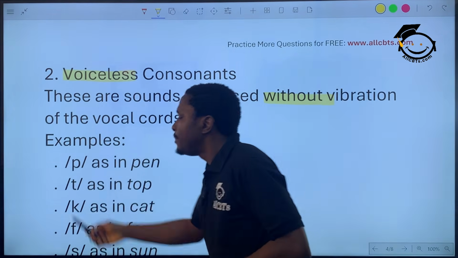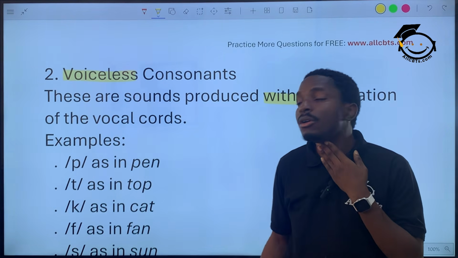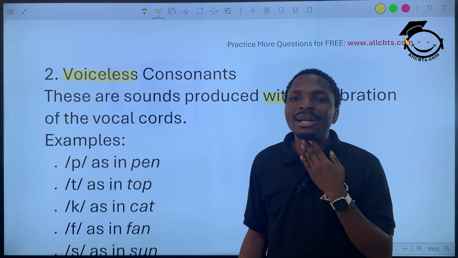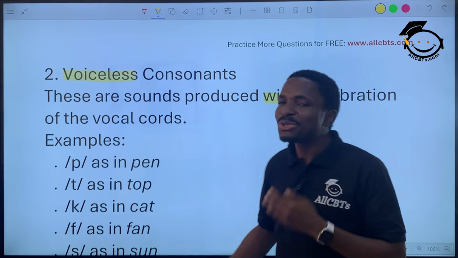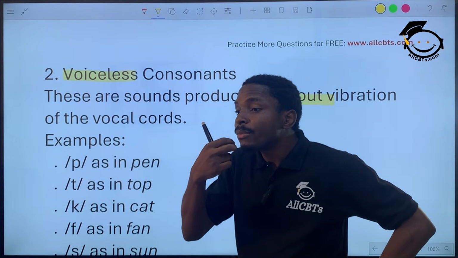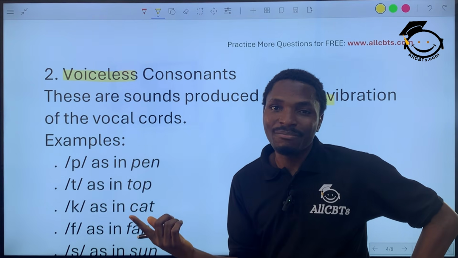Now let's see. P, touch this place. The correct pronunciation of this is P. Sometimes you can pronounce this in your dialectical tonation and pronounce it wrongly.